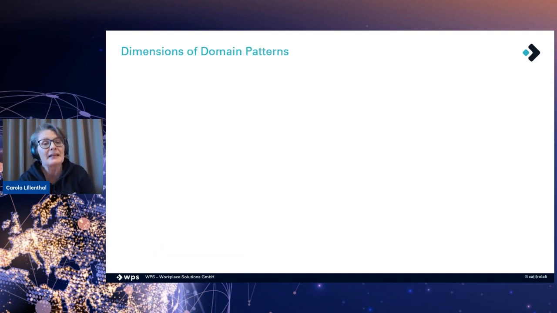While we were doing this domain-driven transformation, we found out that we have different domain patterns in our software systems, in our domains. This is what I talked to you about in the beginning. And to get in contact with these different domain patterns, we added another chapter in our book. And there we found different dimensions to analyze domain patterns and I will explain this now to you.